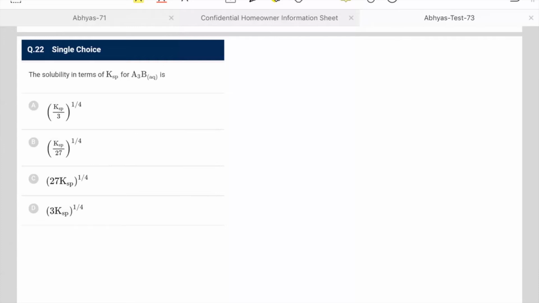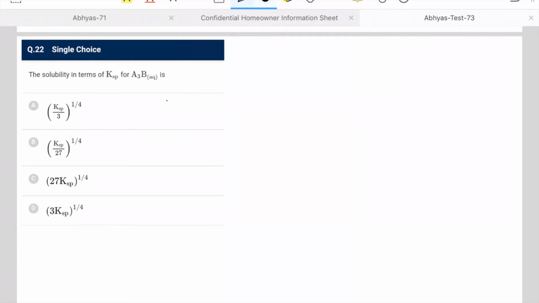The solubility in terms of the Ksp for an A3B type of salt. We have to choose the one correct option. We can calculate this like this.